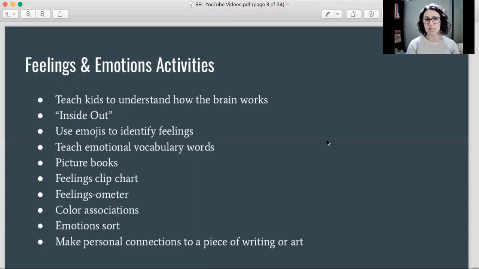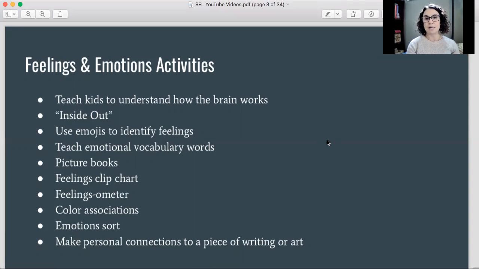Color associations. If you have a kid that thinks a little bit differently about things, talk about what colors we might associate with different feelings, and incorporate that into an art lesson or an art project. There are lots of picture books that support this also. We talk about the color blue.